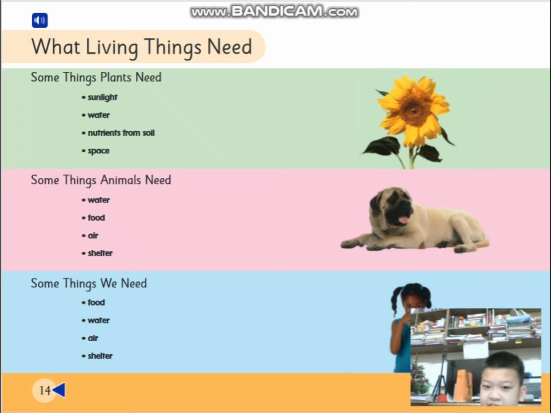Not the end yet, but here is what living things need. These are the three parts. The first part is plants. Things that plants need are sunlight, water, nutrients from soil, and space.